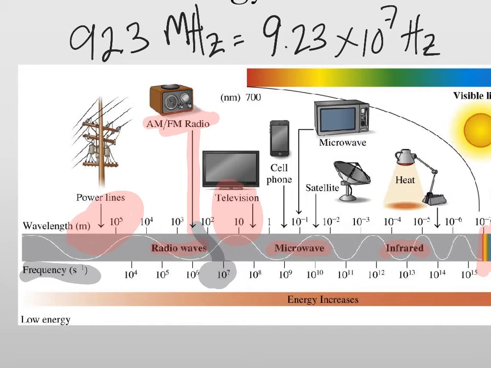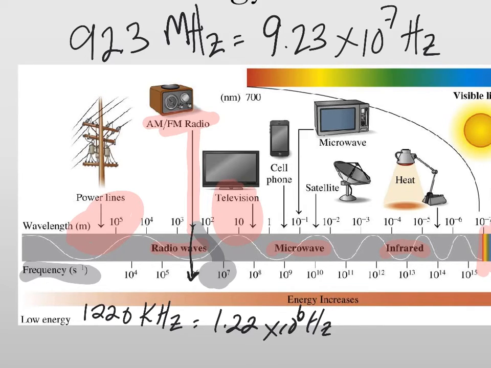And then the AM radio, let's say you have 1220 kilohertz, this would be 1.22 megahertz, so 1.22 times 10 to the 6th hertz. And so the AM radio is going to be over here.